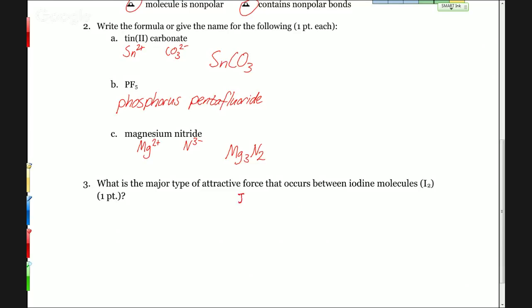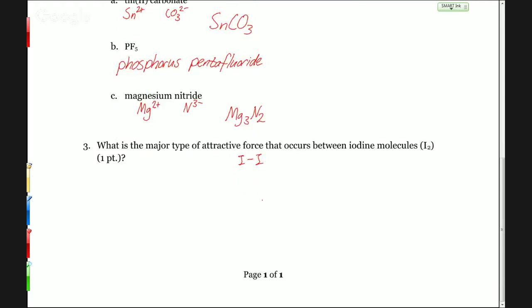Iodine, is that more a polar or non-polar molecule? That's non-polar. So what are the only types of forces that non-polar compounds can have? The dispersion forces, what we also called induced dipole forces.